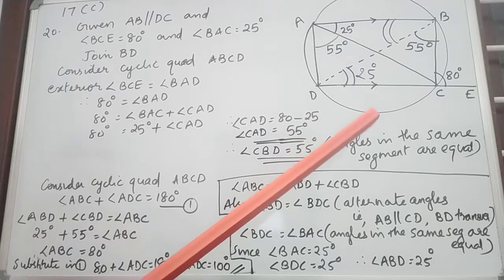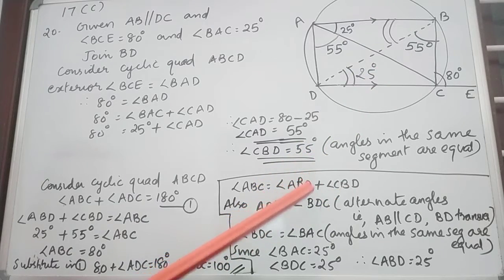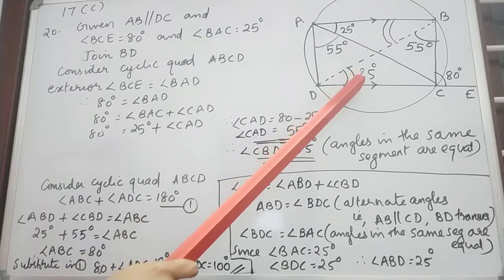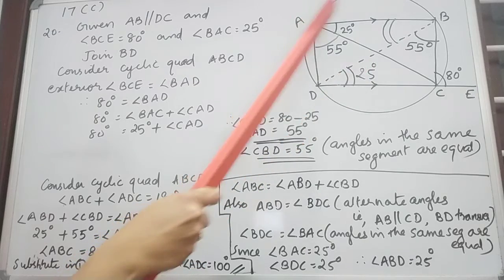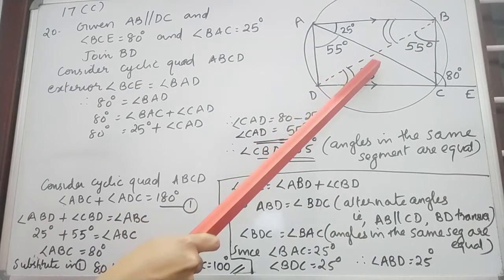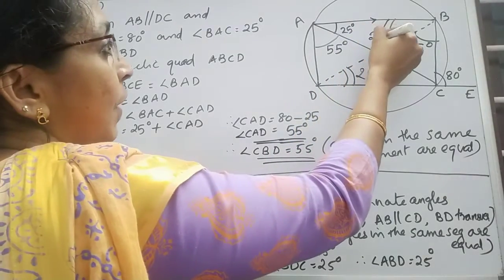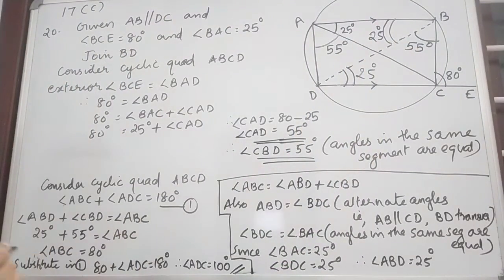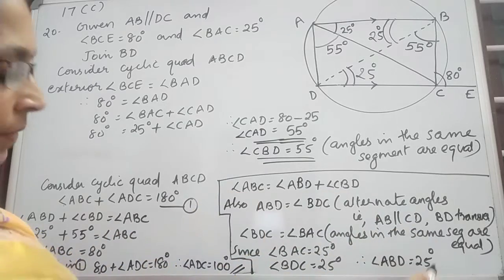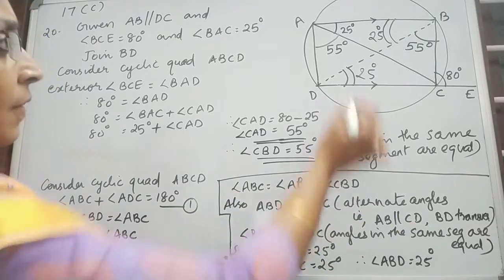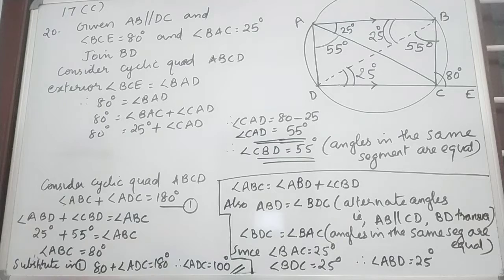Since BDC is equal to 25 degrees, these two are alternate angles, so we can write ABD also as 25 degrees. These calculations I wrote here: ABD is equal to 25.